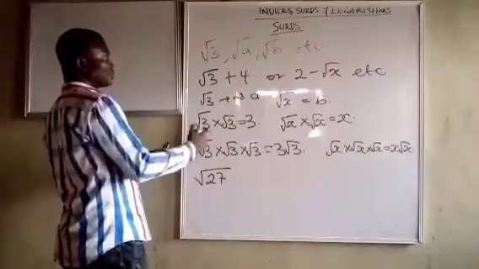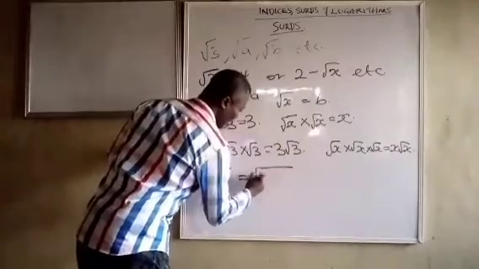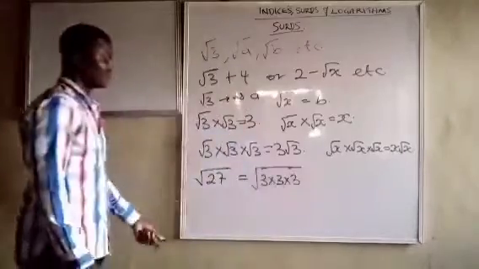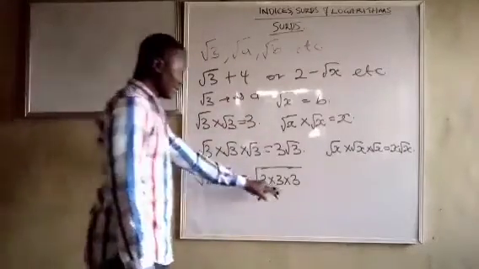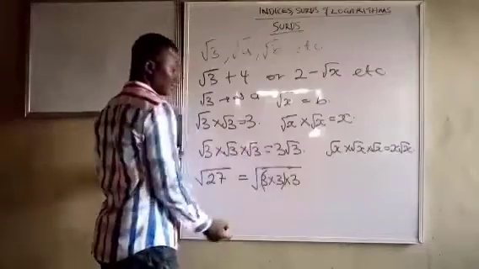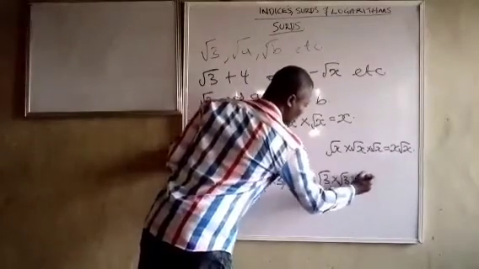When you want to convert it to a combination of a number and a square root, you are going to have something like 3 times 3 times 3. You can see this is going to be root 3 times root 3 times root 3.